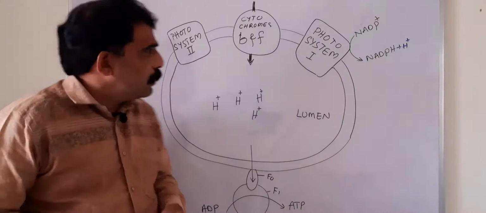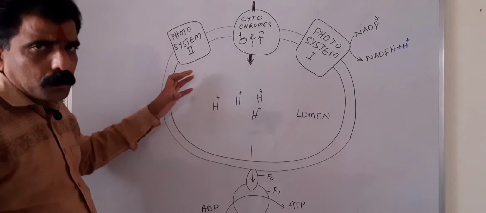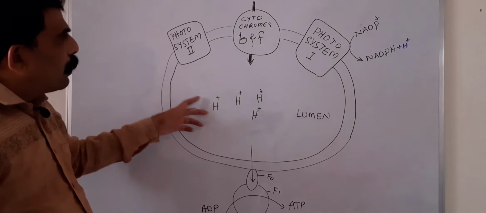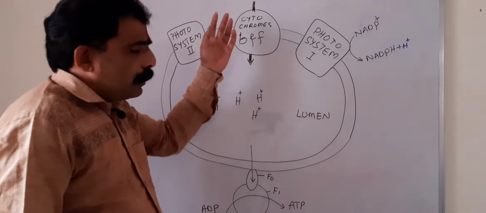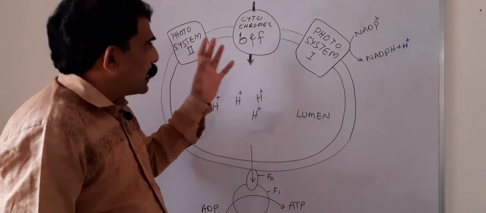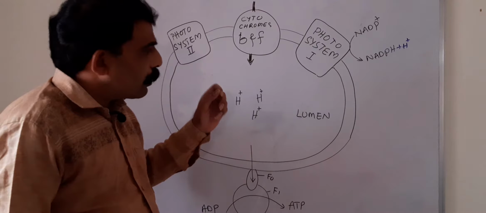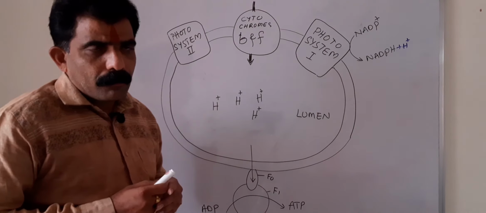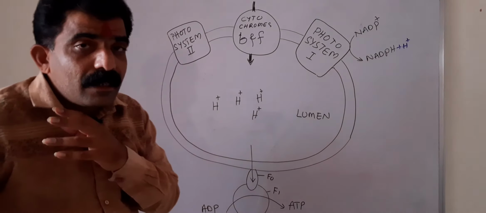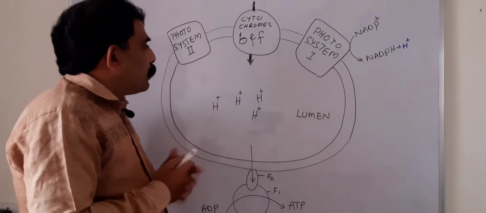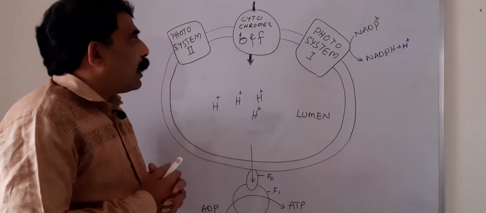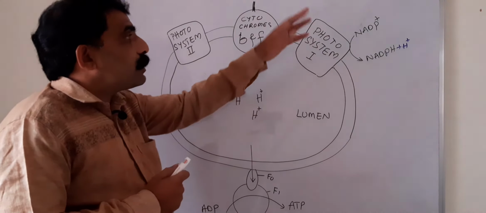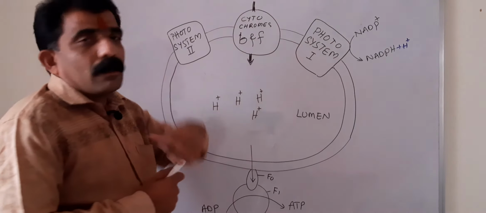Like this, at photosystem 2 there is photolysis of water, and in between the plastoquinone and cytochrome complex, protons are pumped into the lumen. So it increases the concentration of the protons in the lumen as well as decreases the concentration of the protons in the stroma.